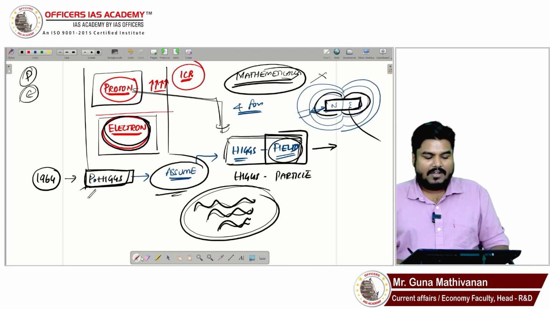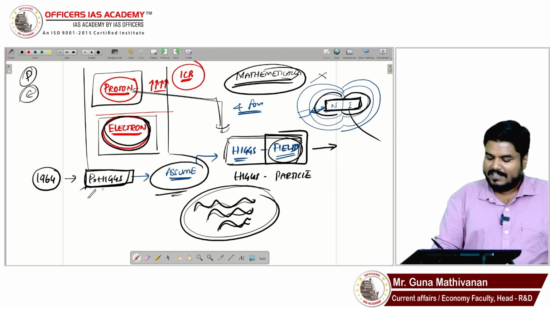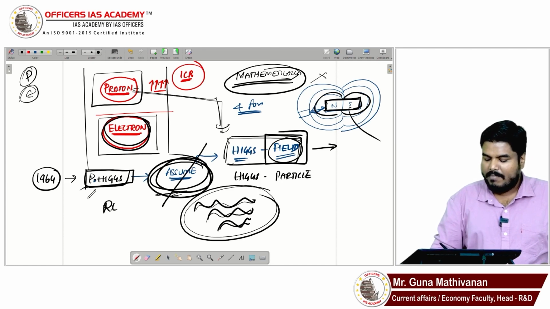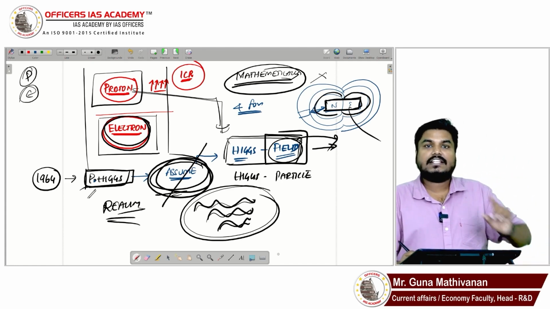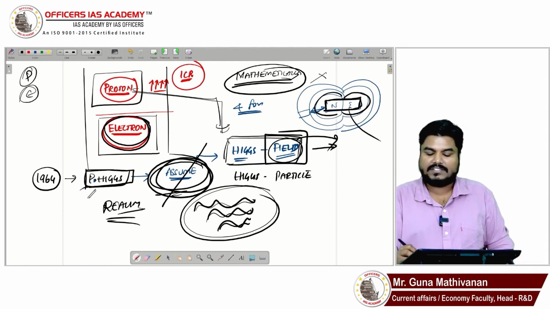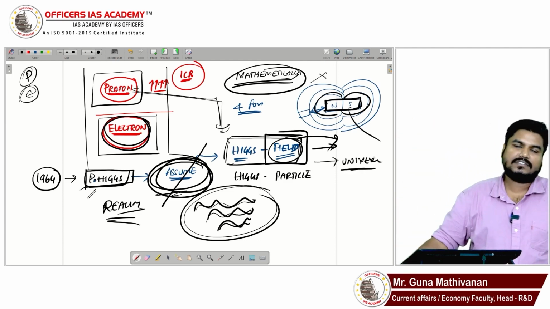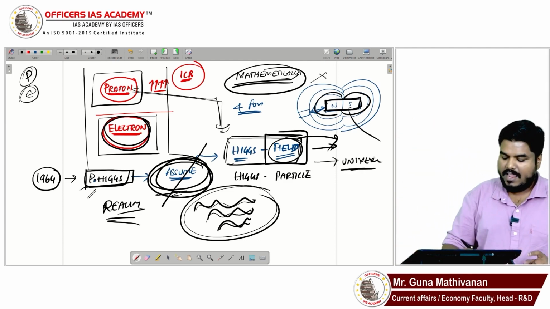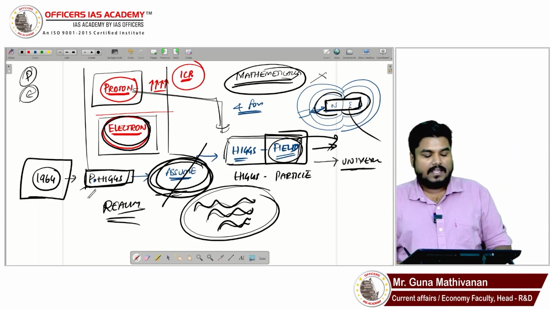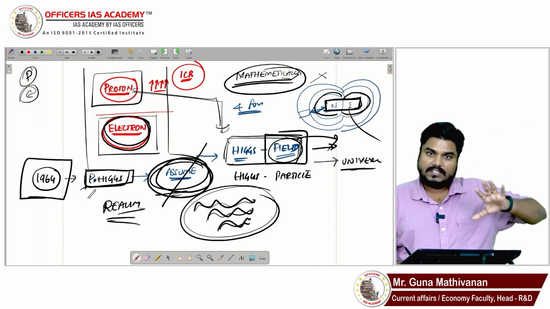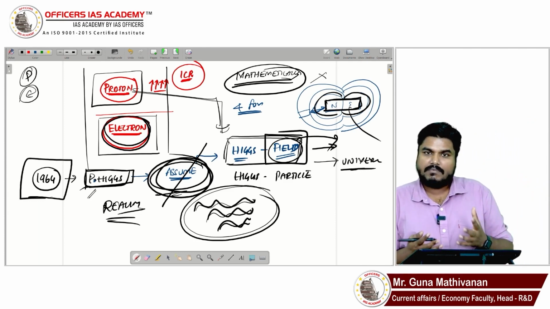Right? Now, Peter Higgs says this is not an assumption, this is the reality, and this Higgs field is present in every part of the universe. He was explaining this in 1964. So we are able to solve the problem.